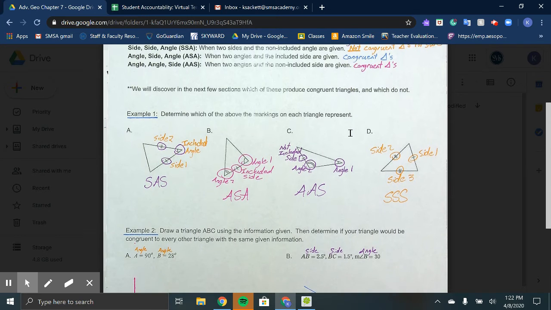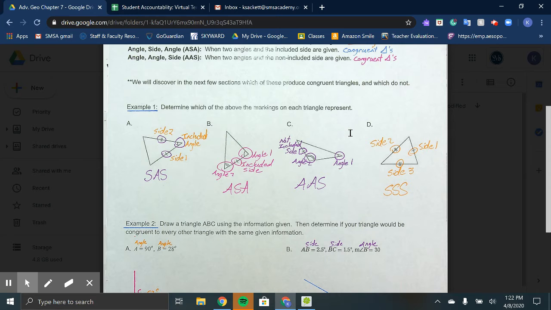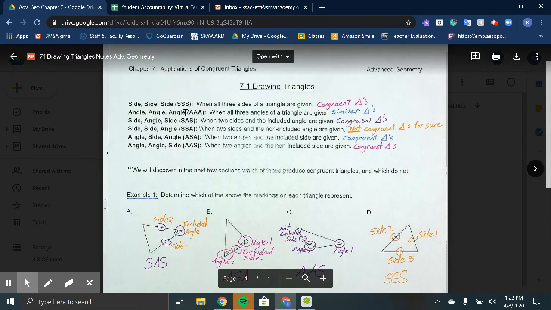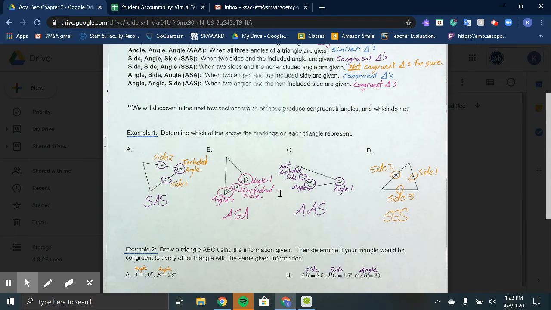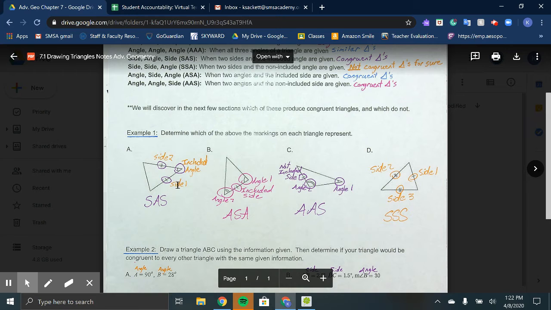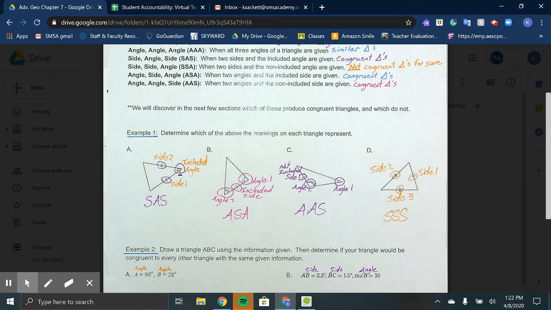So example 1 just asks us to determine which of the above the markings on each triangle represent. Out of these options above, what markings did they give us? In this case, we're not looking at the markings as being congruent, it's just information. In A, they gave me a side 1, a sandwiched included angle, and then side 2.